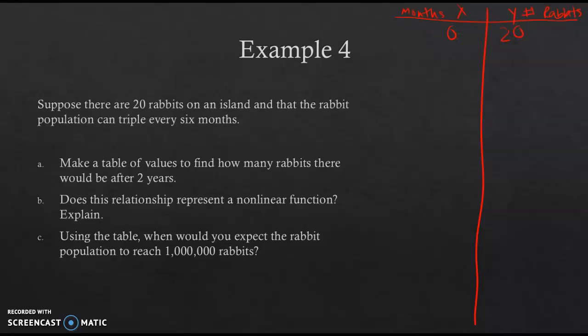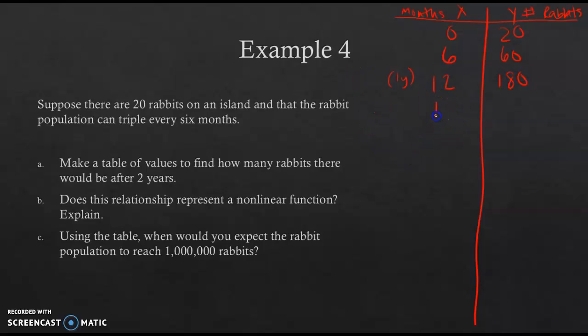So after 6 months, we triple. We take 20 times 3, and we get 60. Then at 12 months, which is 1 year, 60 times 3 gives 180. At 18 months, 180 times 3 is 540.